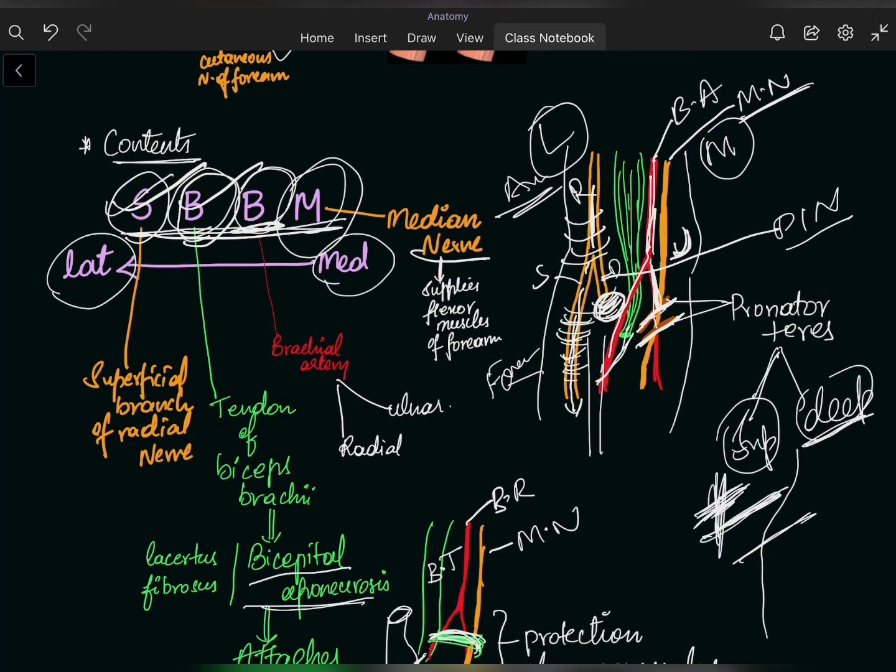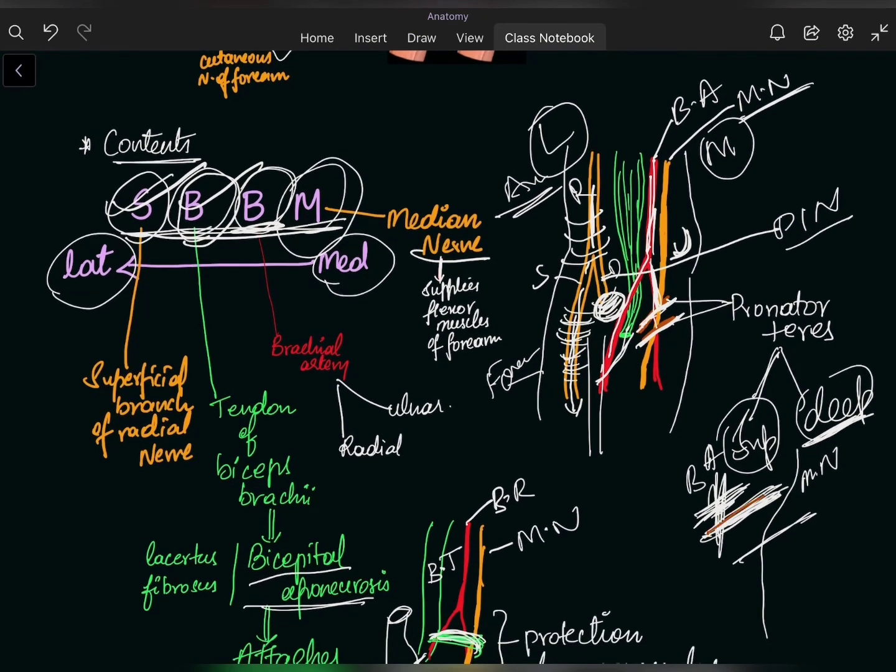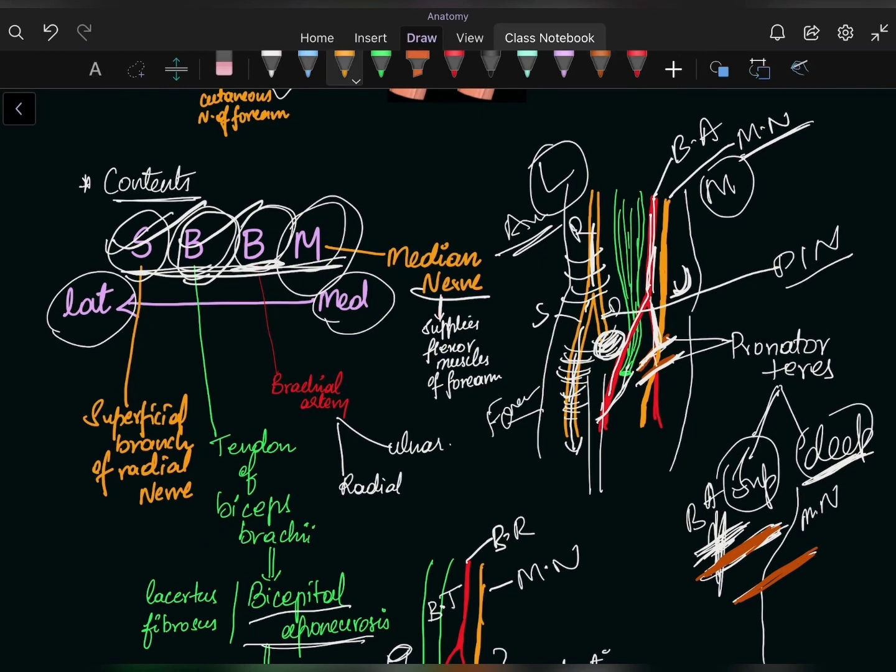So the deep head of pronator teres separates the brachial artery and median nerve. I'll change the color. This is the deep head, this is the superficial head, this is the median nerve, and this is the brachial artery.